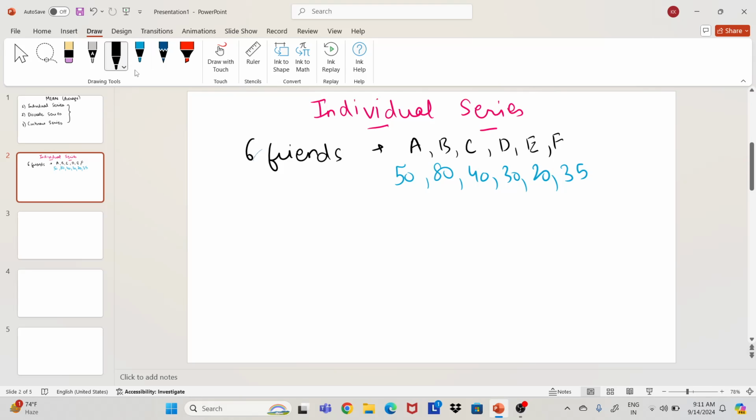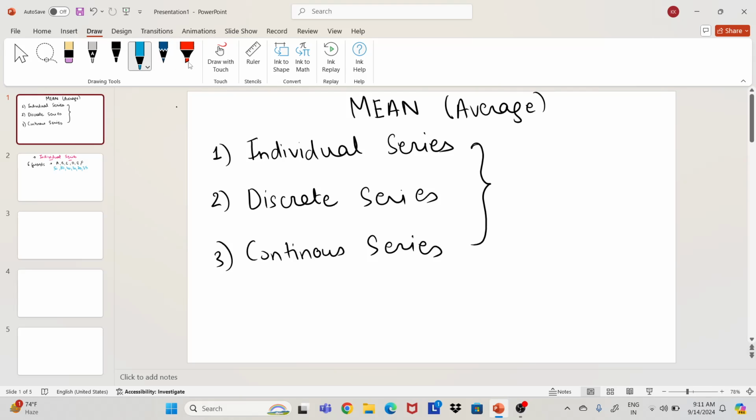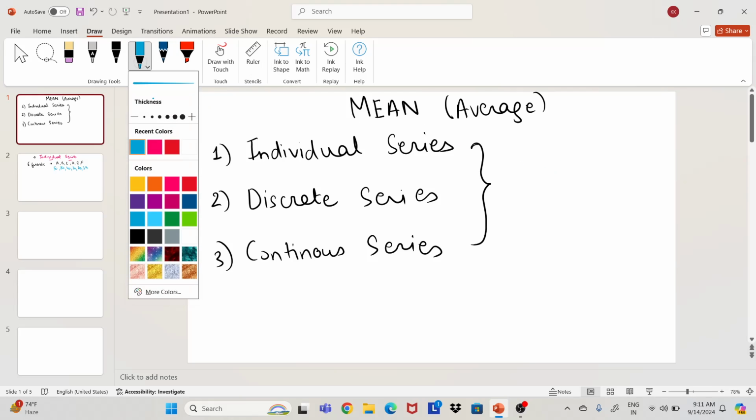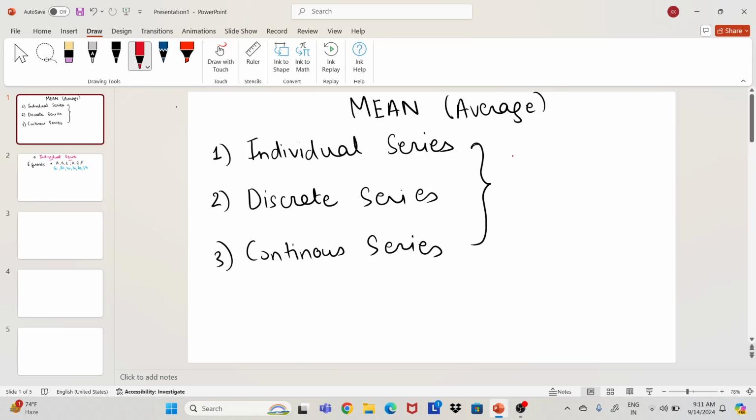Now, the main thing that makes these series different from each other is the representation of data in different types.